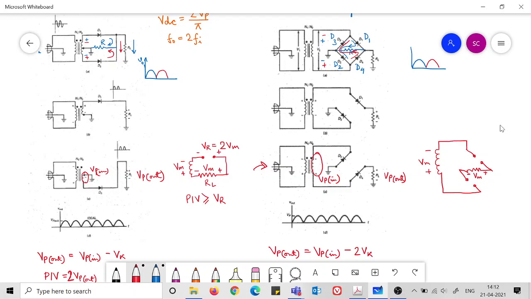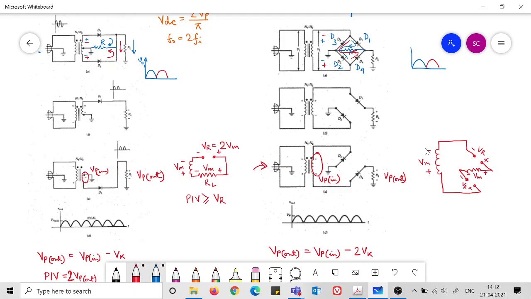So the total voltage that is coming in the circuit must be balanced by these open circuits, that is 2 Vm, but there are 2 diodes in this case and both are reverse bias, so we have the voltages, see, not this, sorry, this should be minus, plus, here it should be minus plus VR.